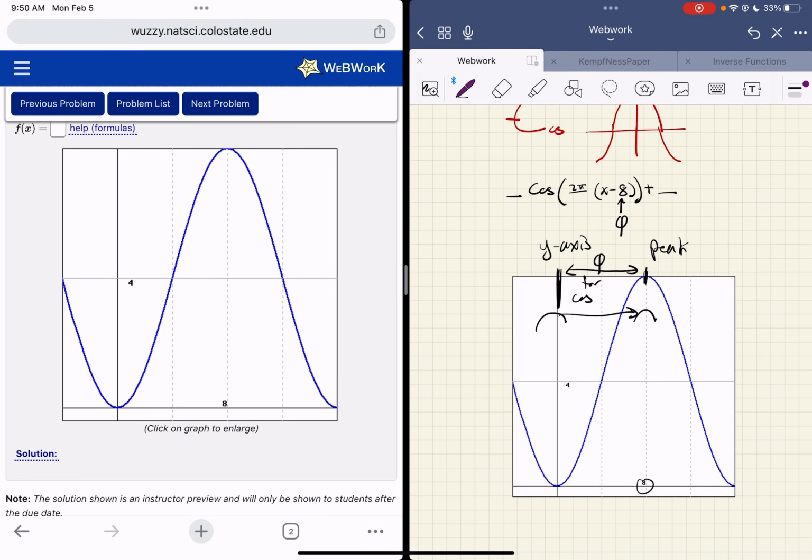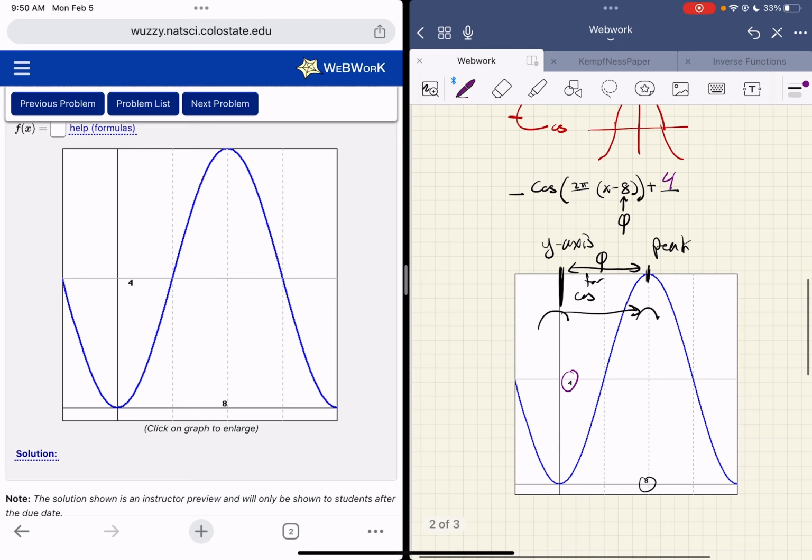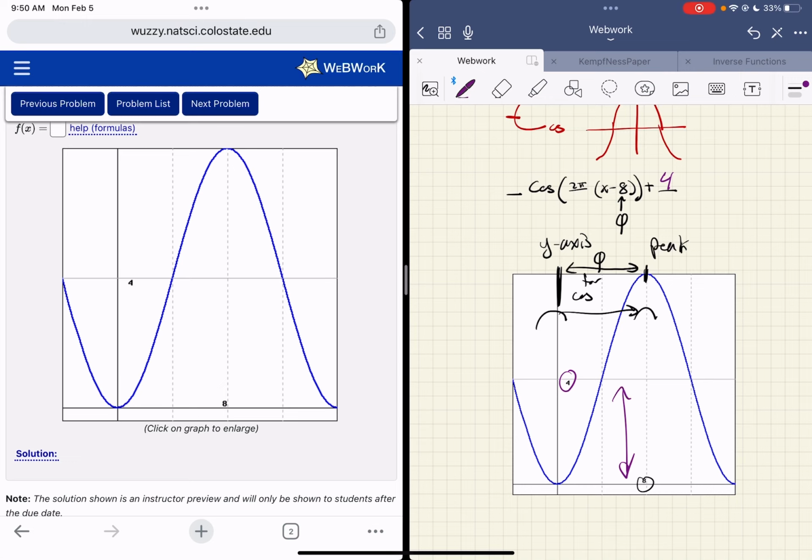Let's do something else. Here, the average I think just looks like 4, and I'm going to run with it. If the average is 4, then we're going from 4 to 0, so the amplitude is also 4. Now we need a period, so I need to find where this wave repeats. You could use valley and valley, and that looks like a distance of 16.